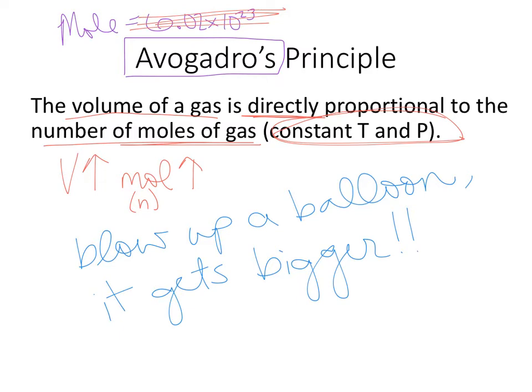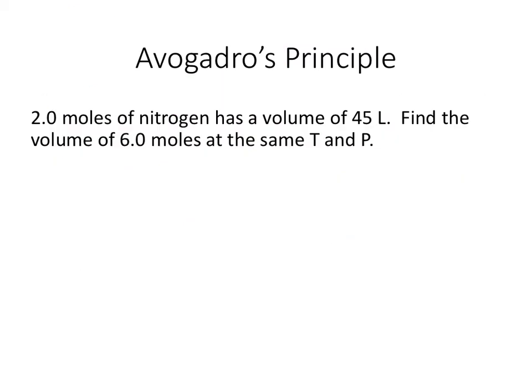But the reason why it gets bigger comes back to Avogadro's principle. If we increase the number of moles of gas, in other words, if we blow gas into a balloon, then the volume of that gas or the volume of the balloon will increase. So all we're saying is putting gas into a container causes the container to expand and have a larger volume.